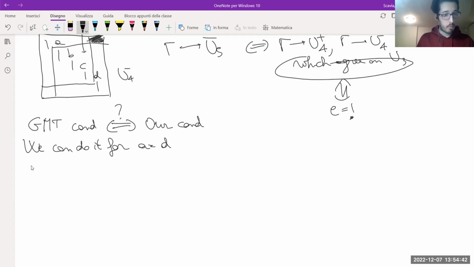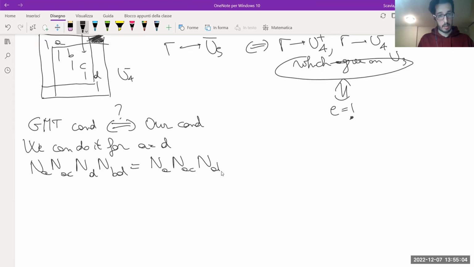Now, when A is equal to D, the product of 4 norms really becomes a product of 3 norms. This is the same as NA, NAC. Now ND is again NA, so I don't need to write it down, and then BD becomes AB. So maybe let's write it as AB, AC.